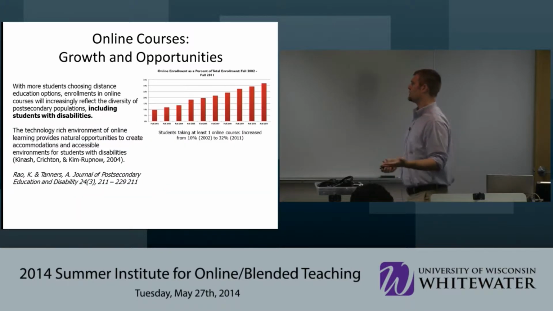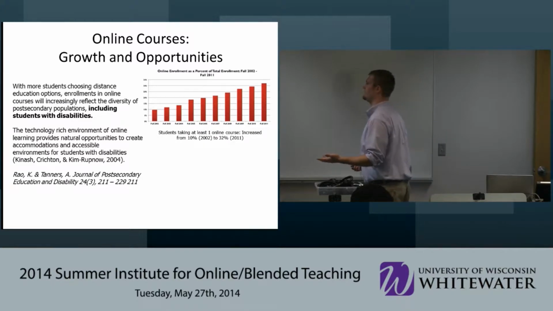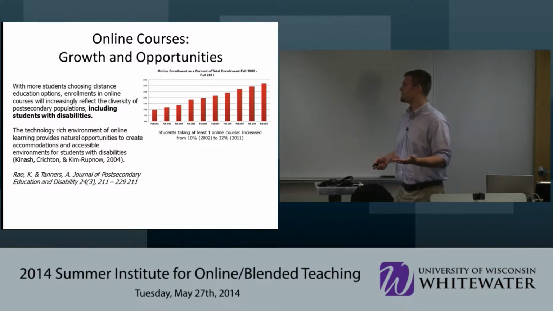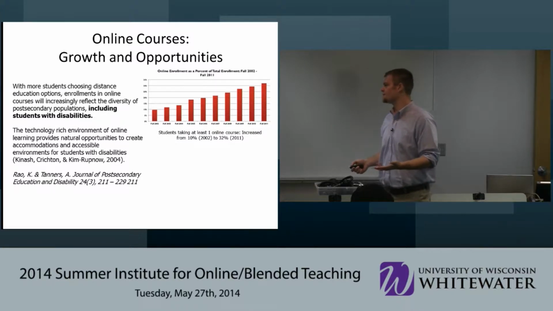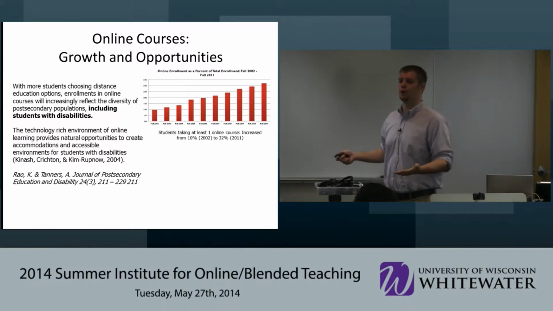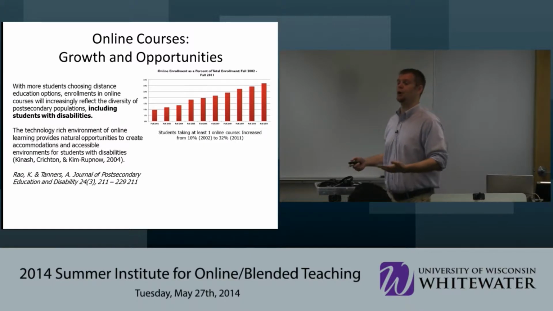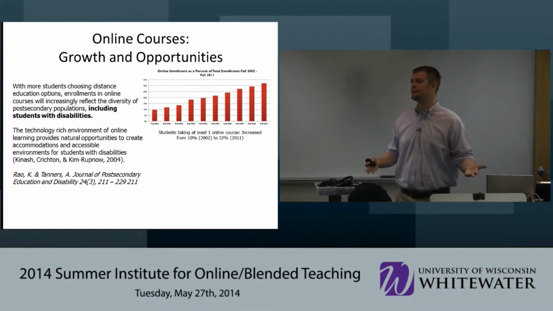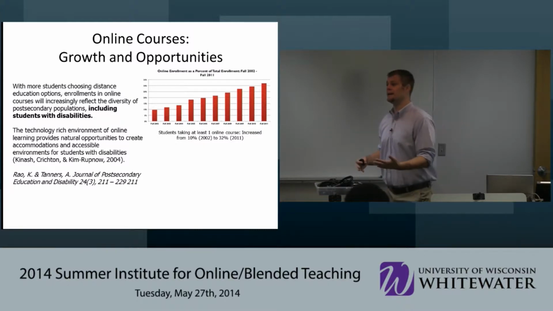And I'm sure all of us know this, and this data isn't even that recent. It's from the fall of 2002 to fall 2011. It's just showing the trends of online courses. And so obviously we're going this way. Our technology is not going anywhere. It's only going to get more and more. And I think it's great that you're all in here to do this. And it's exciting.